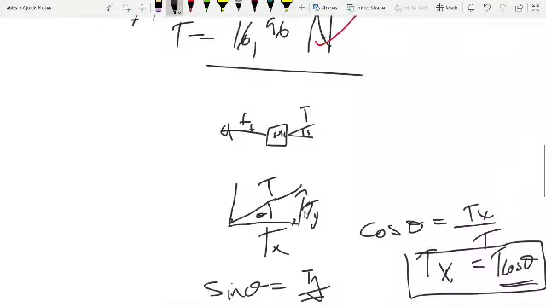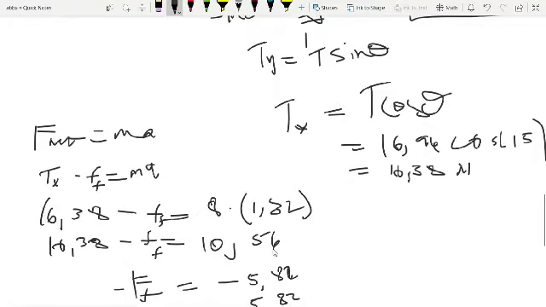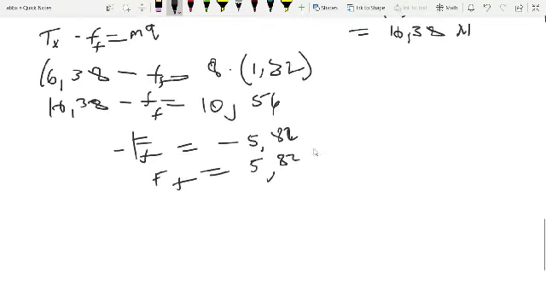I don't want to go through that. I just did it. We are done. Okay, this is 5.82 Newton to the left, right? To the left. We must give direction.